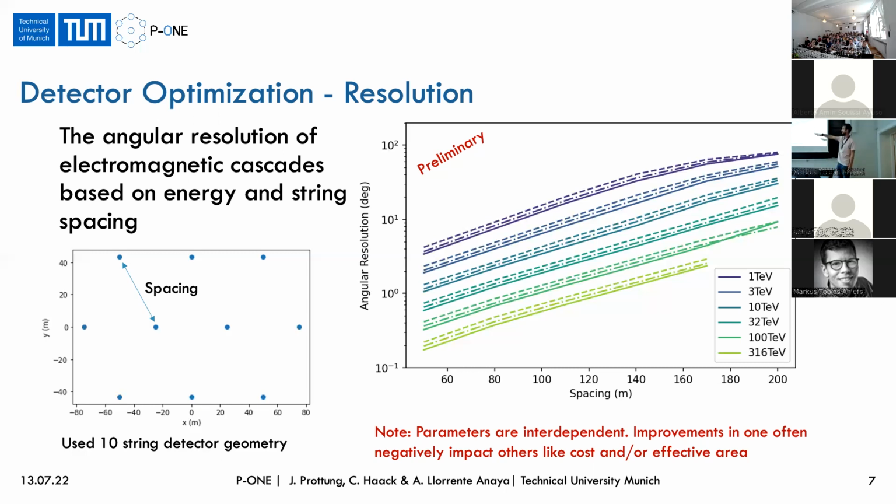And as you can see, the bigger the spacing between the lines gets, basically the higher the angular resolution value gets, and the other way around. And you have to note, I showed you the 4 dimensions beforehand, and improvements in one direction often negatively impact some other dimensions. So it's kind of a trade-off between the different parameters that you can optimize.